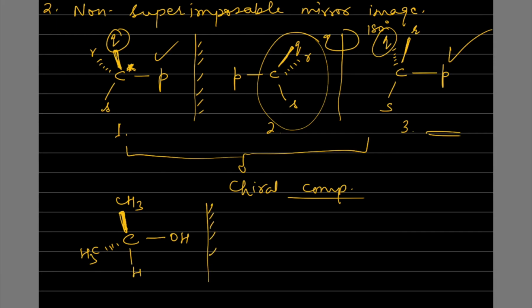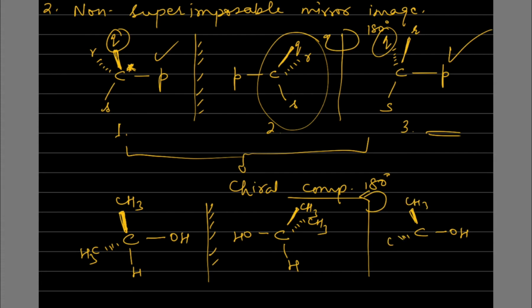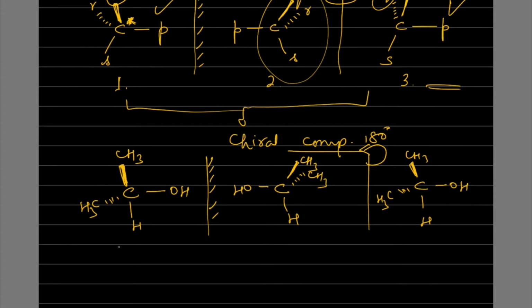Now if we see its mirror image, the mirror image of the compound will be like this: C, OH, CH3, CH3, H. And if we rotate it by 180 degrees, the mirror image will be like this: OH here, and then CH3, CH3, H. So here we can compare that 1 and 3 are superimposable.